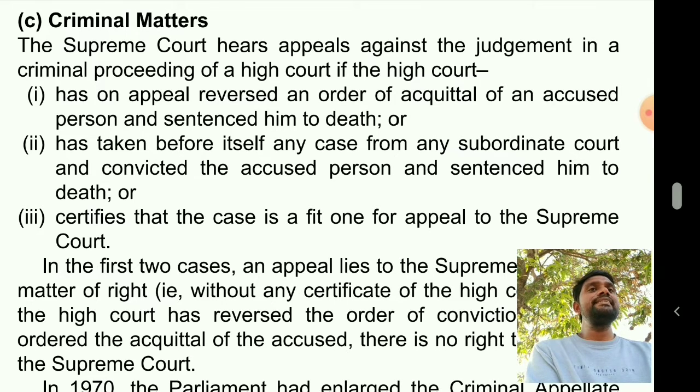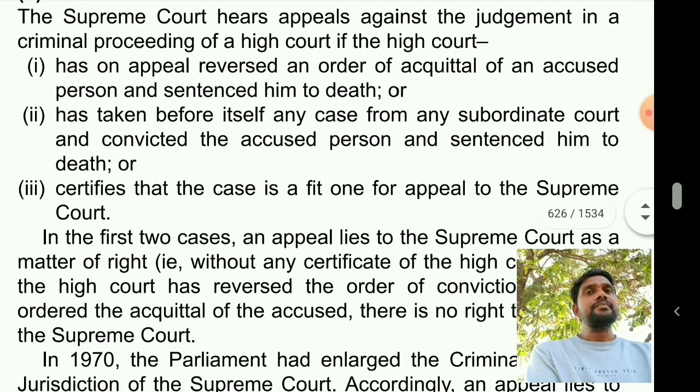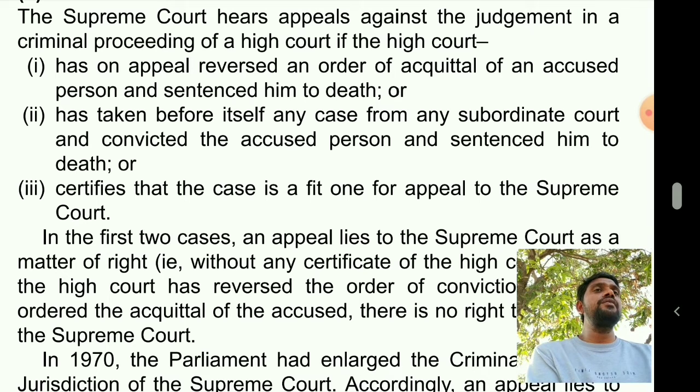Next, C. Criminal matters. The Supreme Court hears appeals against the judgment in criminal proceedings of a High Court if the High Court, first, has on appeal reversed an order of acquittal of an accused person and sentenced him to death.